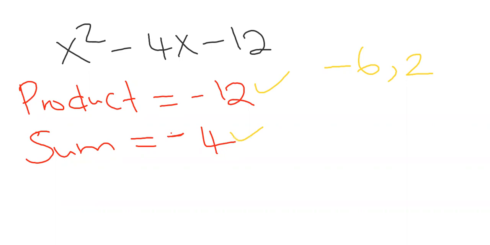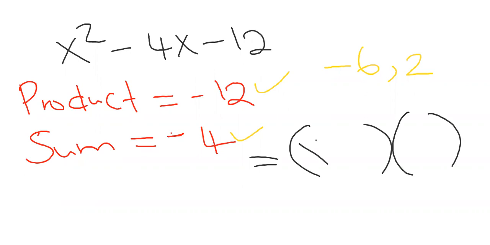And I said it's fairly simple. After you have found those numbers, just open your two brackets, insert the variable that is in question, then insert your two numbers. The one number you insert in the first bracket, the other number you insert in the other bracket.